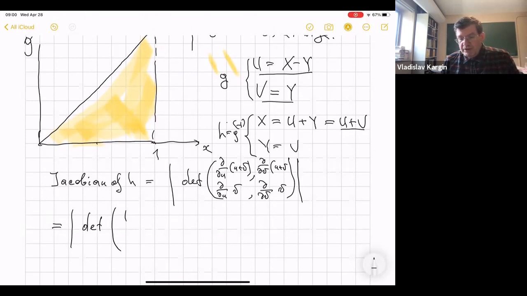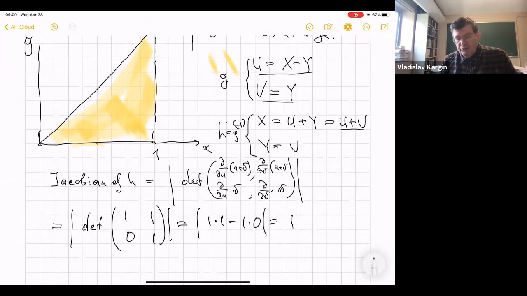In the first row, the second element is 1. In the second row, the derivative over u of v is 0, and the derivative of v over v is 1. So it's the absolute value of 1 times 1 minus 1 times 0, which is equal to 1.